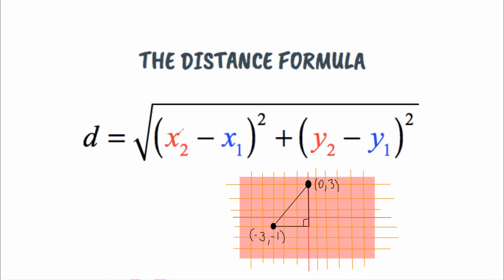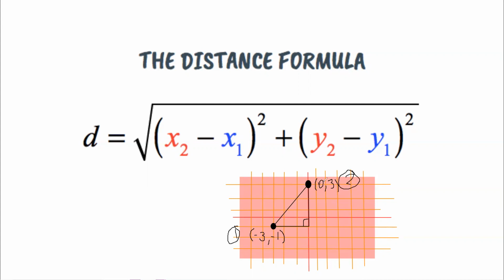So we're saying we're taking x2 minus x1. So that 2 and the 1 come from our 2 different points. So we're just going to pick one as point 2 and one as point 1. Doesn't matter which way. So if we said that this is x1 down here, and we're going to tell this one that it is x2. And so we're taking those two x's and we're subtracting them.